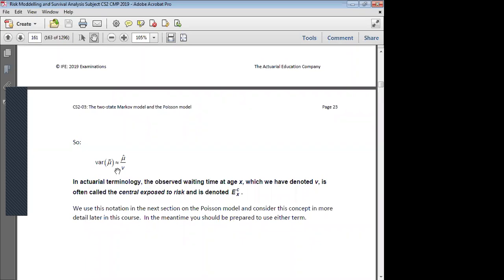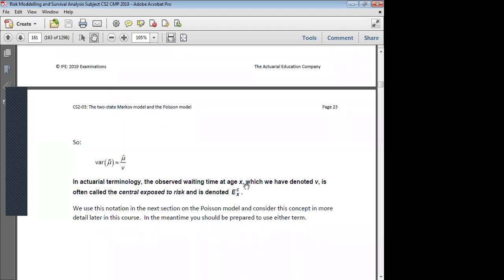Here we are talking about all the lives together. So v is the total time each of these lives together were exposed to risk. Because small v here is representative of the expectation, we have this as central exposed to risk, denoted by EXC.